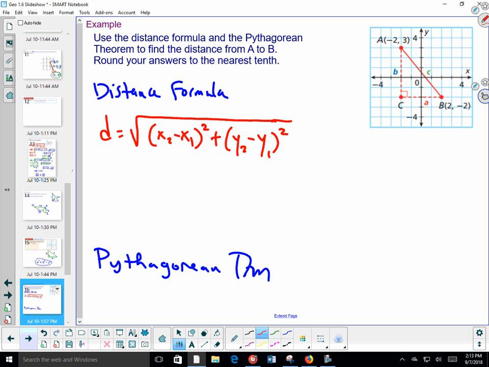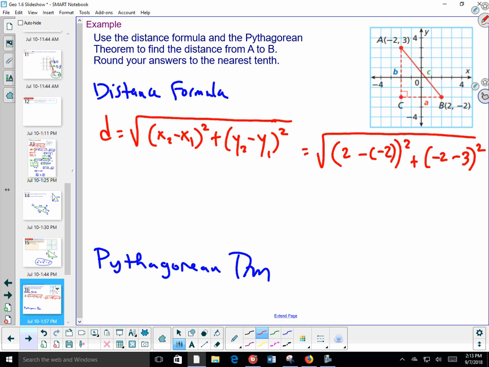So what are you going to plug into the distance formula here, Elizabeth? 2 minus negative 2, quantity squared, and then plus, in parentheses, negative 2 minus 3.